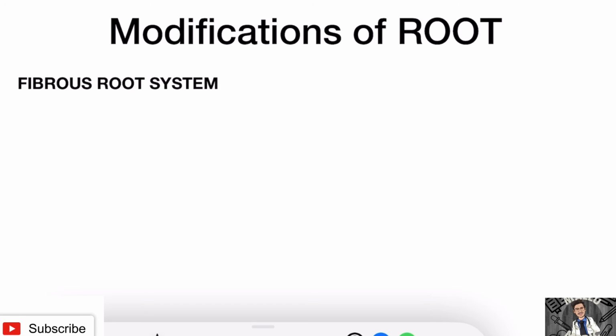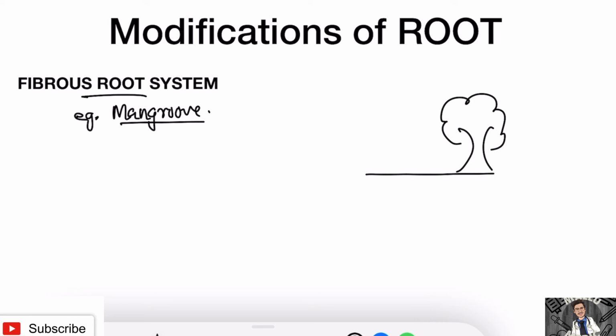Now let us see the modifications of the root in fibrous root system. We have an example of mangrove. Mangrove trees usually live in highly saline areas or marshy lands, which are very salty. So they send their roots above the surface of the earth, for respiratory purposes.